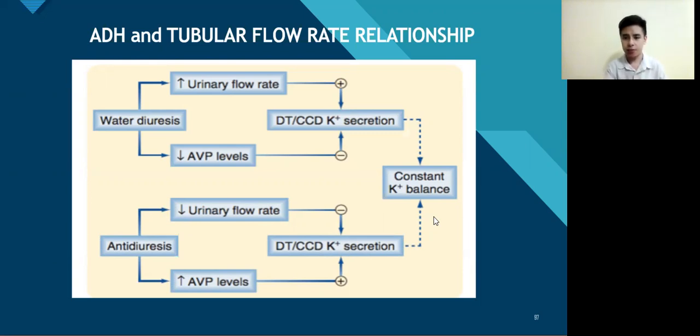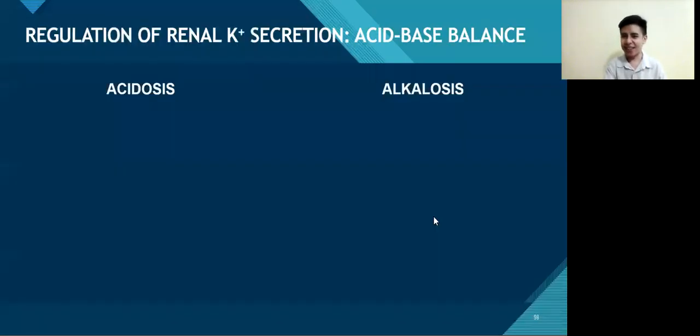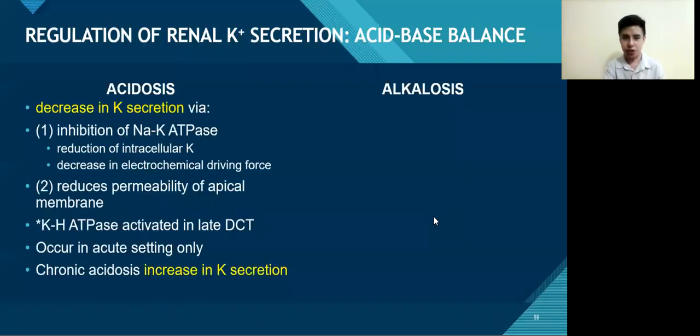Now, how about acidosis and alkalosis? So, acidosis will enhance potassium secretion. Okay? Yun na yun. What happened here is that in acidosis, I want to excrete hydrogen ion in the kidney.